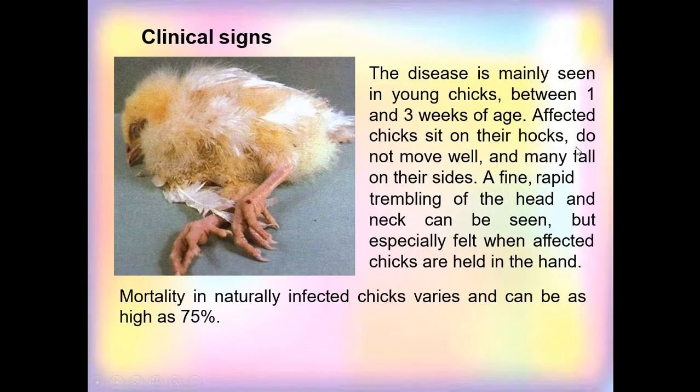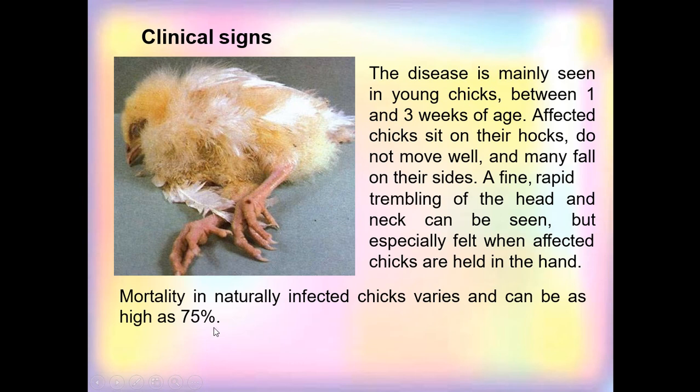So it is mainly seen in young chicks, mostly between 1 and 3 weeks of age, but from 1 day the clinical signs already appear. Paralysis occurs, in particular it causes tremor, and paralysis in the leg.